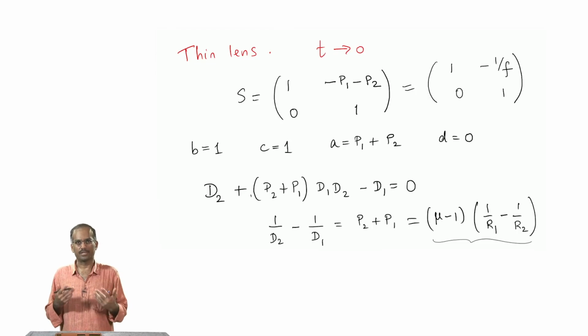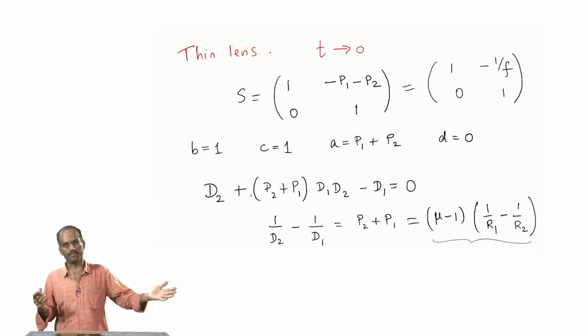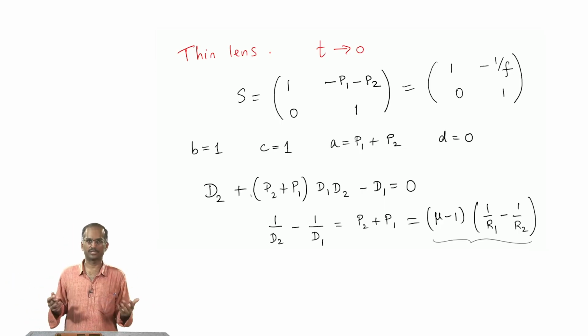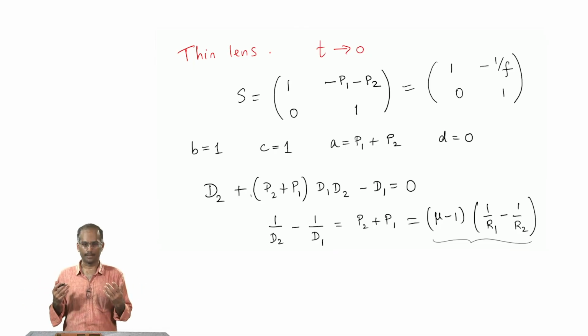You know the matrices corresponding to each one of them, multiply them together, that will be your system matrix. And then using the conditions for where the object starts and image is obtained, you can finally relate x2 and x1 and obtain quantities like magnification and so on.